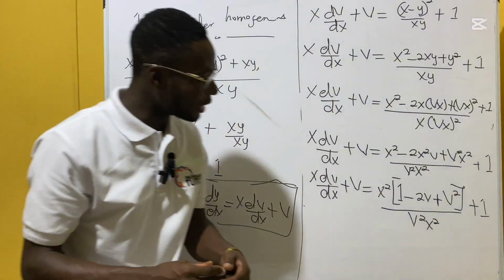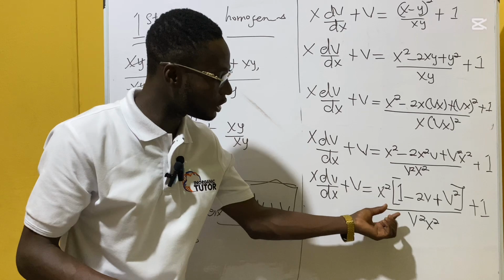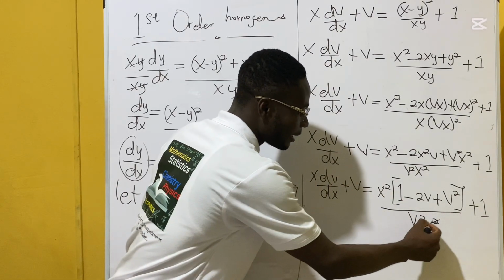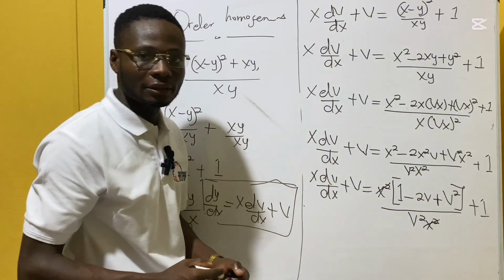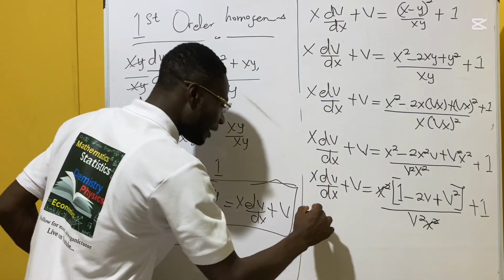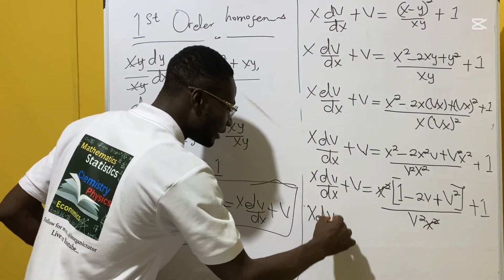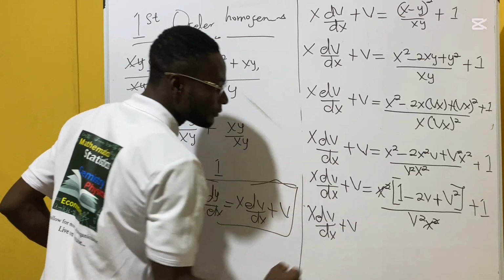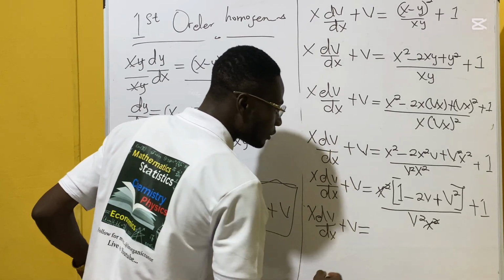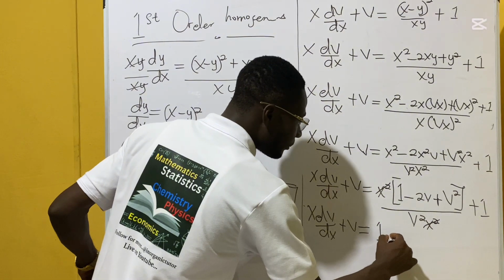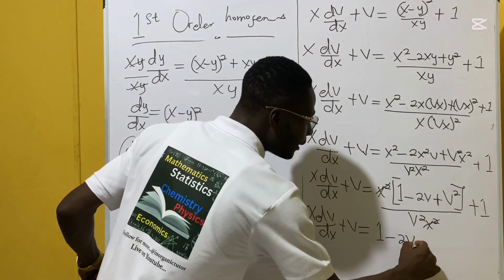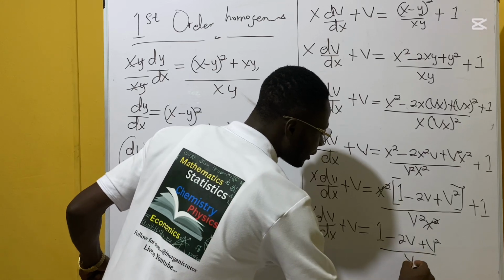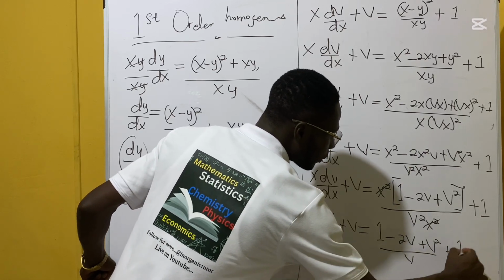Okay, so once we have done this substitution and factorized it perfectly, we can see clearly that x squared will cancel this x squared, right? So we have x dv over dx plus v, that should be equal to 1 minus 2v plus v squared all over v plus 1.